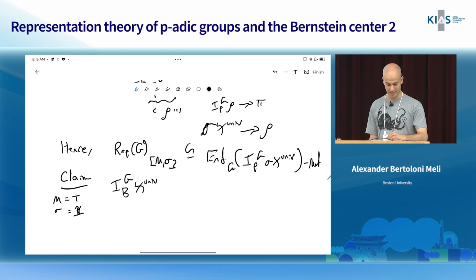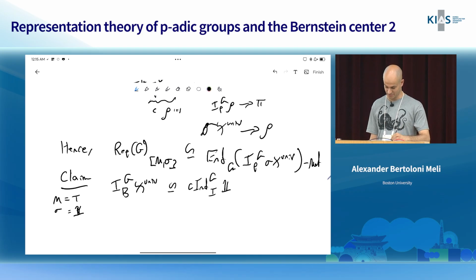And then what we will get is that this is isomorphic to this compact induction of the trivial representation from this Iwahori.